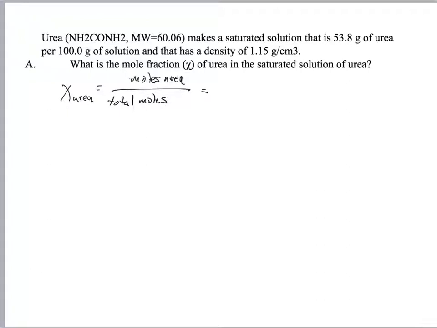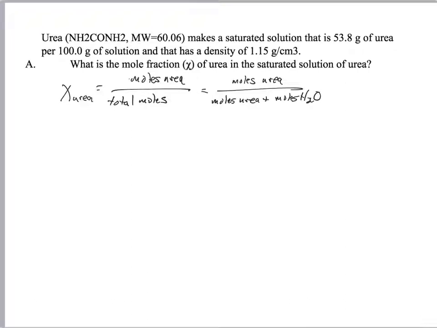So that's going to be equal to moles of urea divided by the moles of urea plus the number of moles of water.